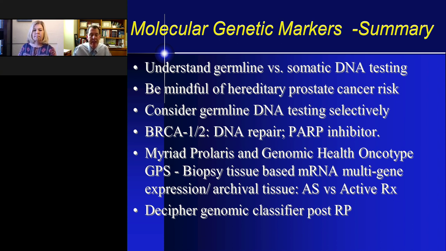I will say this, that Prolaris has a little bit broader clinical use, meaning it's commercially available to be done in any grade of cancer, whereas the Genomic Health test is a little more focused, in that it's only commercially available for patients with low grade and intermediate grade cancer.